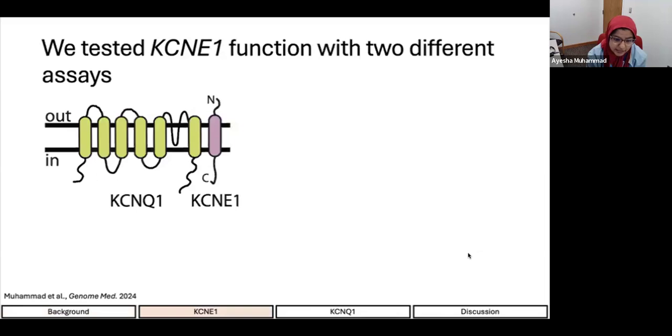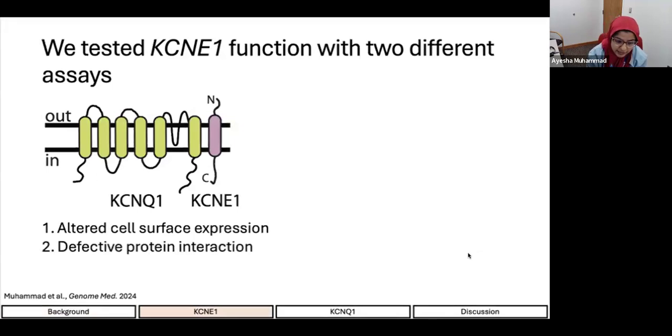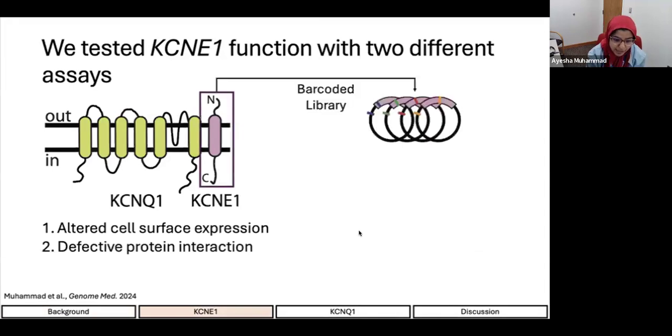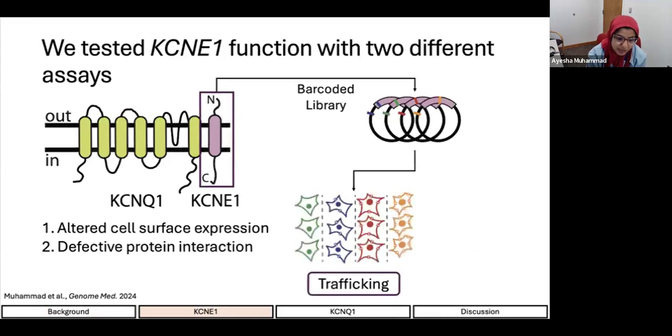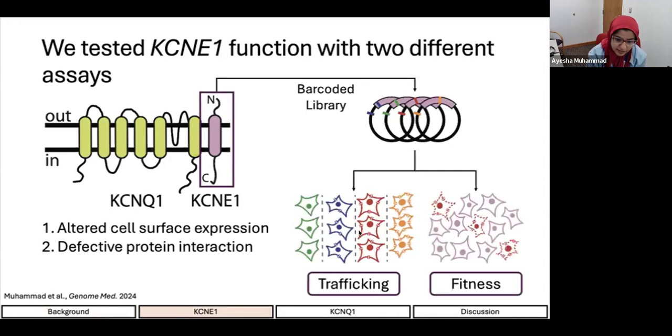We tested KCNE1 function in two different ways. One was to test whether variants caused altered cell expression, and the second was to see if variants cause defective protein interaction with its biochemical partner, KCNQ1. In order to do that, we created a bar-coded library, and then we conducted a trafficking assay and a fitness assay.